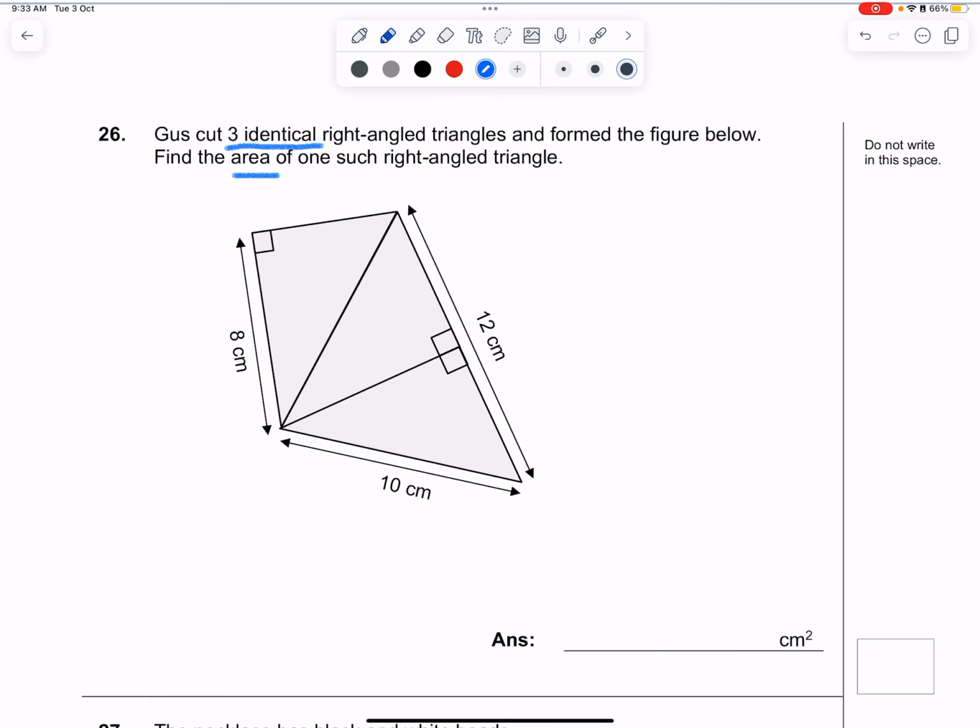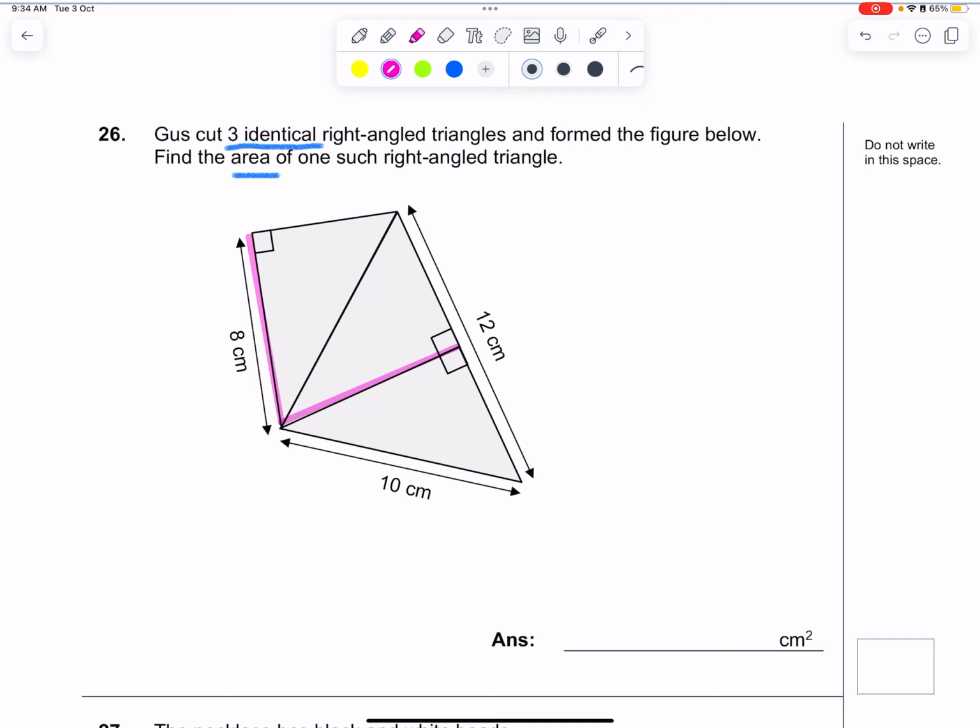Okay? Now, if we take this particular triangle, you would notice that because they're identical, this part over here is actually this part over here. So I'm going to color code it. The pink part here is actually the same as the pink part over here.